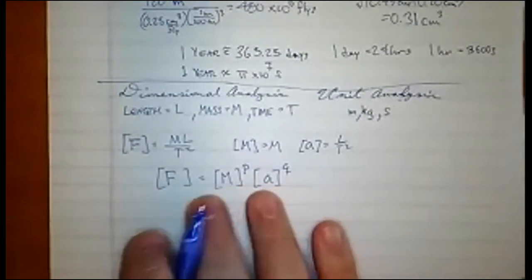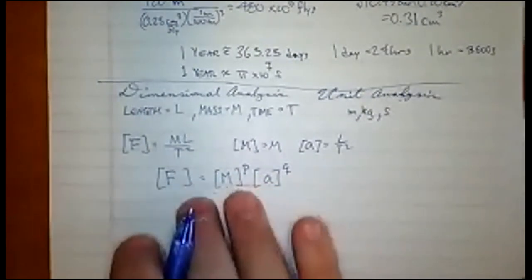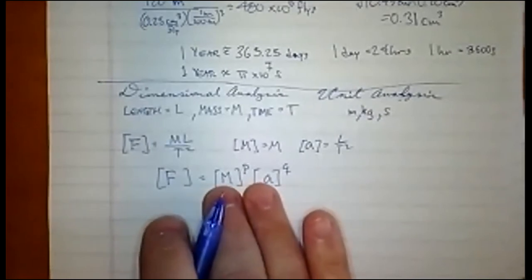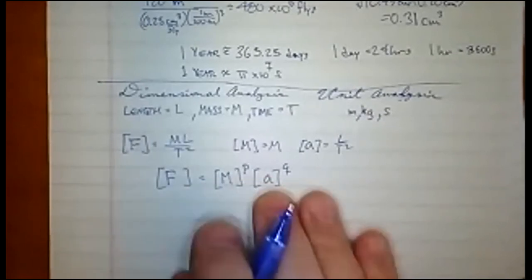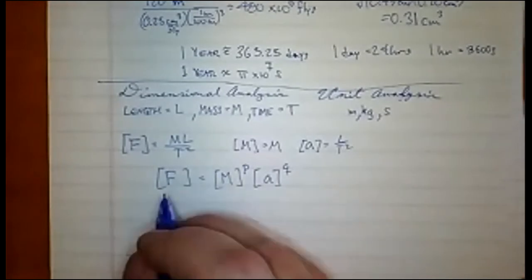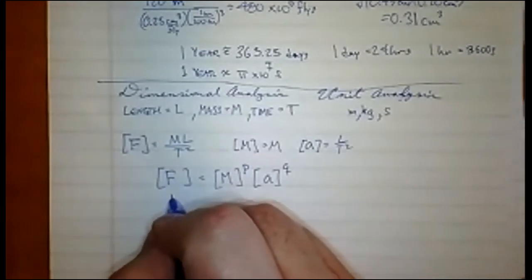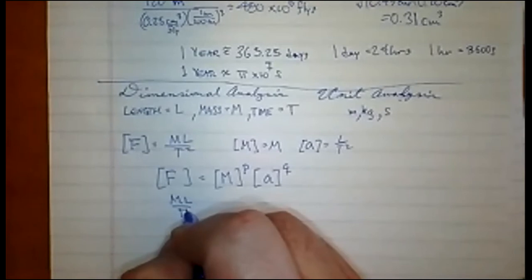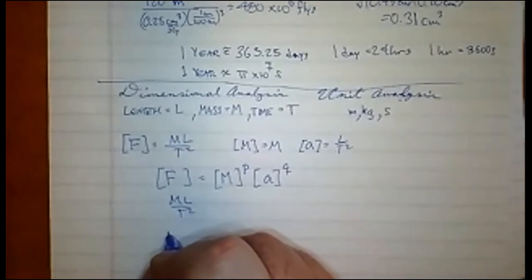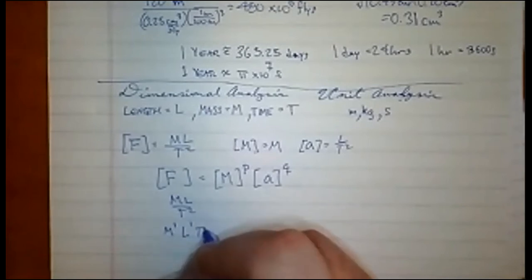So by saying this, I can actually work out an equation that might actually be the right equation. Y'all probably know what equation we're going for, but this will actually give you the right one exactly right, not even missing a constant. So what I do is I write the dimensions for F is ML over T squared, which is also equal to M to the 1 power, L to the 1 power, and T to the -2 power.